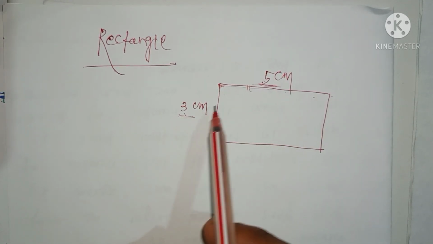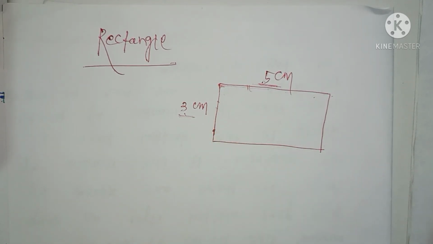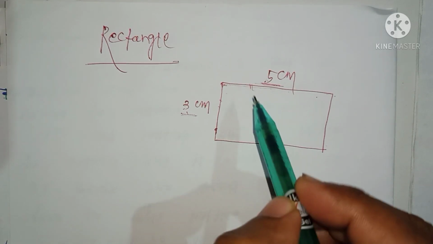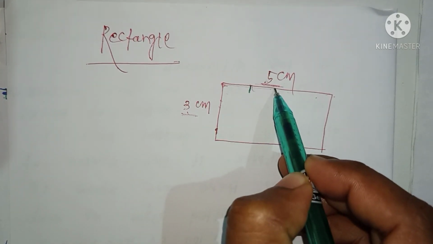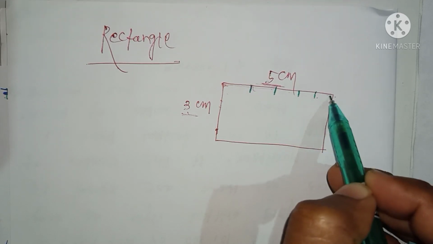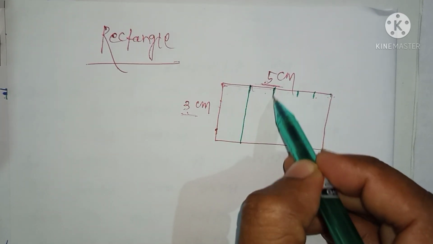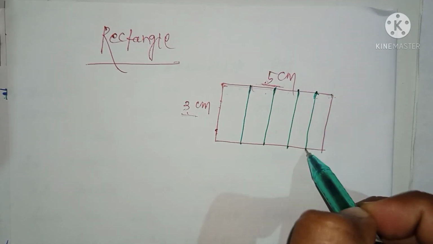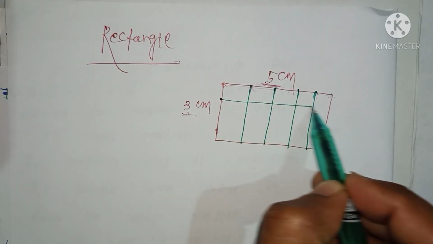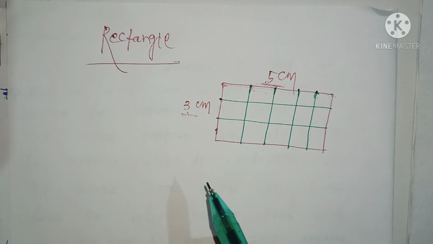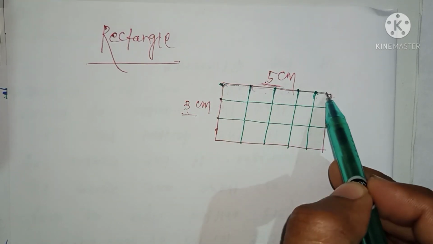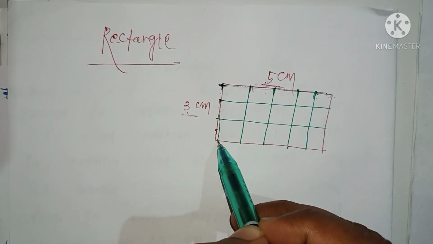And 3 centimeter means this one we will divide into 3 equal parts. Is it clear? This one is 1 2 3 4 5, and here 3 means 1 2 3. So here 5 centimeter we already got, here 3 centimeter we already got.